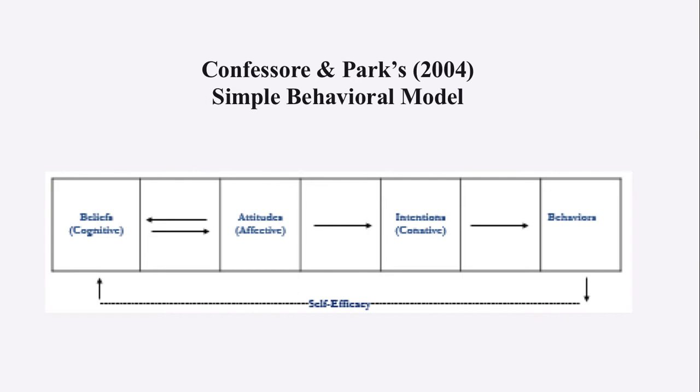In 2004, Confessore and Park published an adapted simple behavioral model pictured above. We can see that Confessore and Park added descriptors under 3 of the variables in the model. Beliefs form the cognitive domain, attitudes form the affective domain, and intentions form the conative domain. We also can see that Confessore and Park included self-efficacy in the model, which is no surprise.